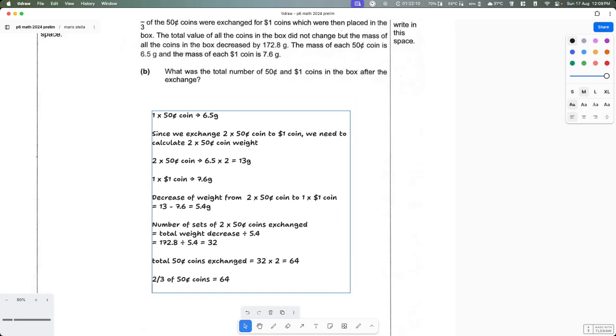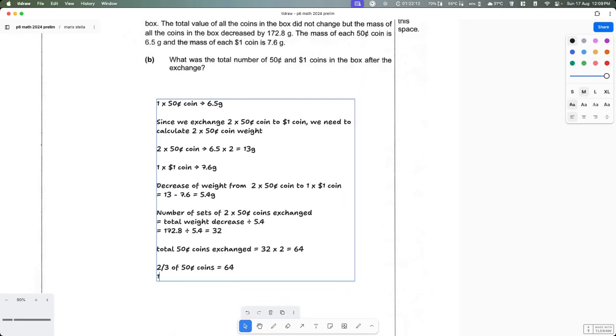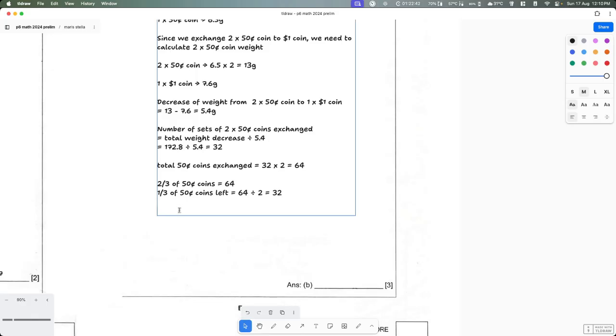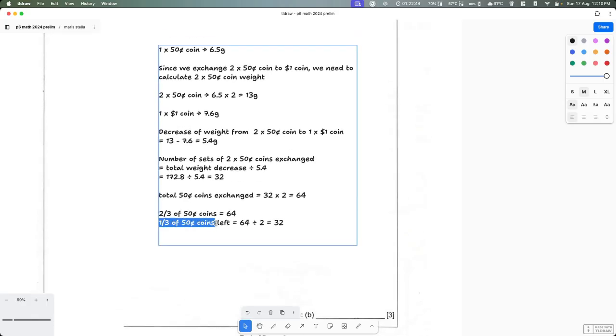Then 1/3 of the 50-cent coins left is equal to 64 divided by 2, which is equal to 32. So with that said, 1/3 of the 50-cent coins are left and 2/3 of the 50-cent coins have been exchanged.